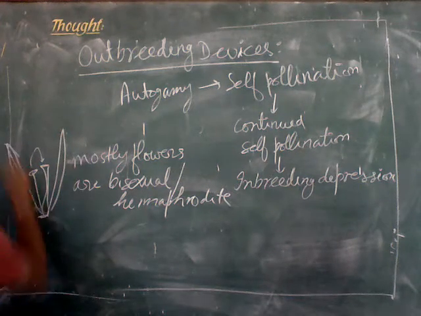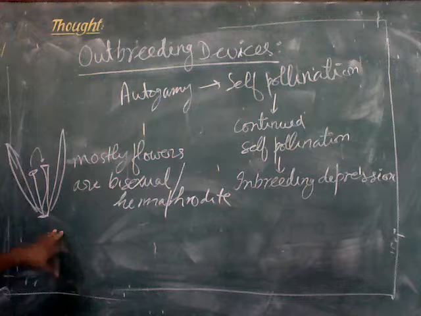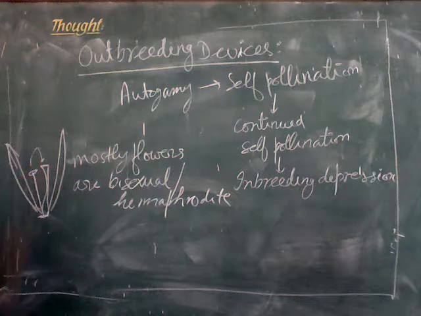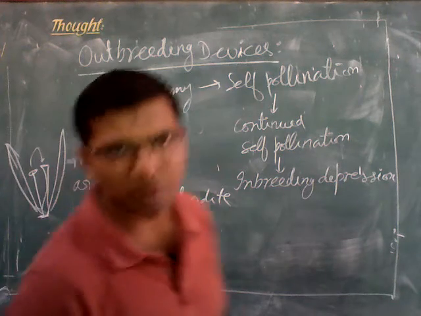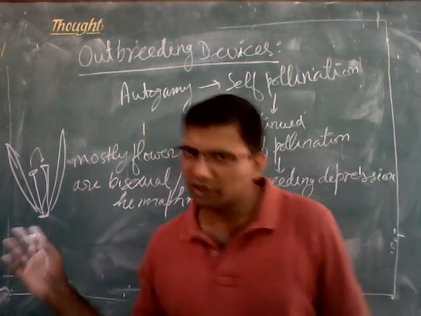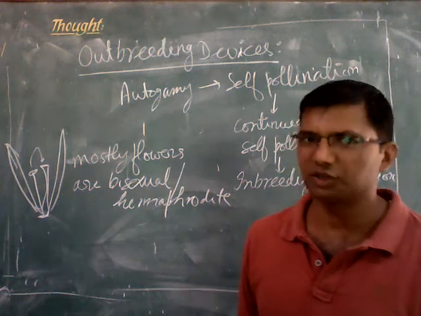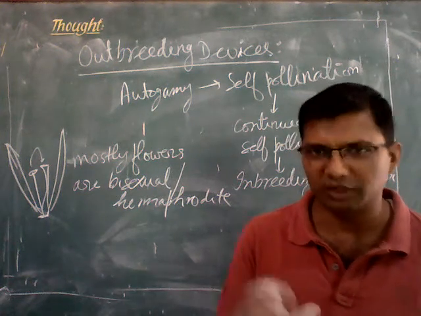Okay. So because of this, there is a risk that these flowers will go through continued self-pollination, which will eventually lead to a problem for these species or for these flowers. So how to overcome that?